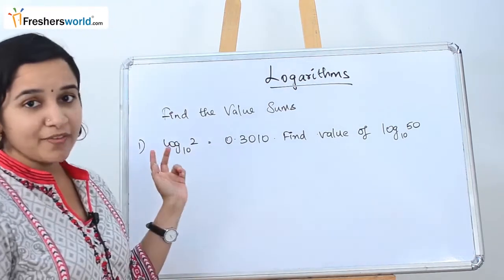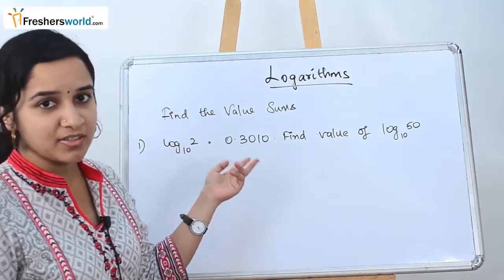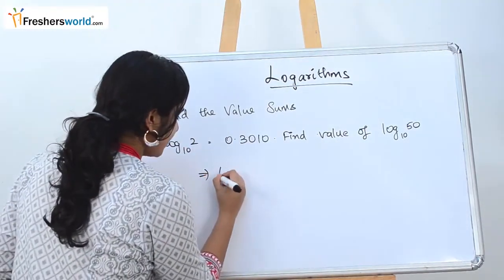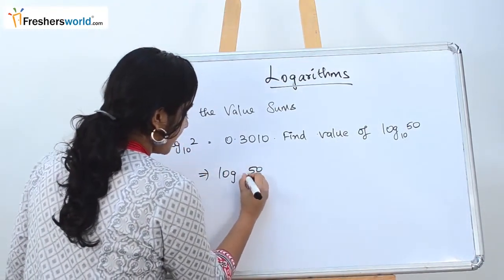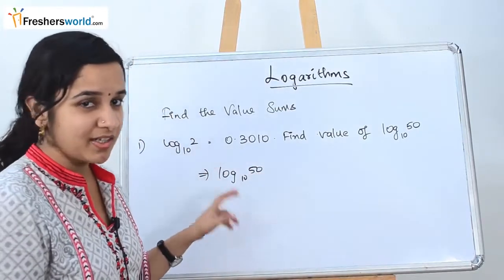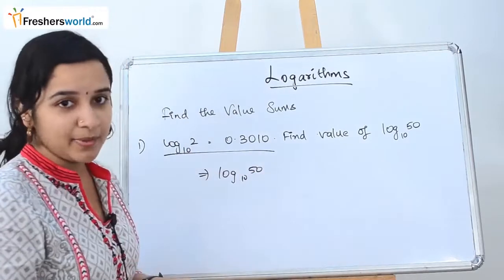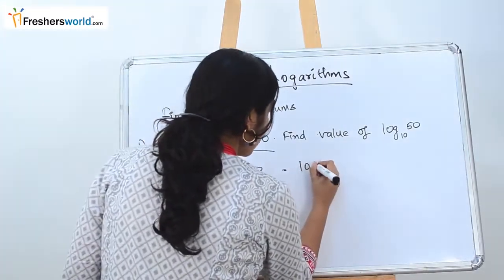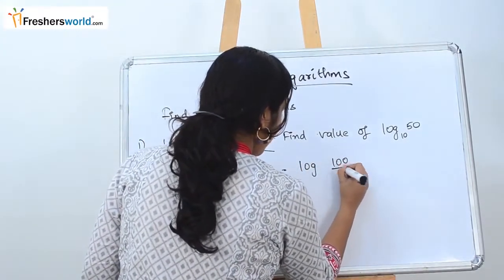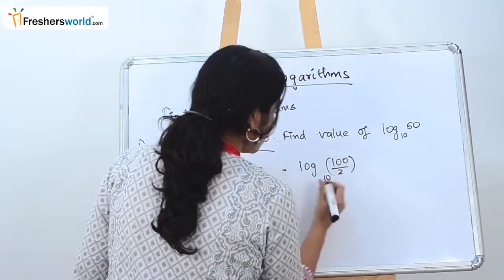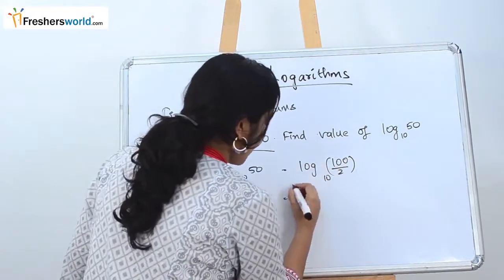They have given you the value of log 2, which is nothing but 0.3010. Okay, so let's write the question. Log 50 to the base 10. So this has to be rewritten in such a form that we can use this value. So how can 50 be rewritten? It can be written as log 100 by 2. So this division is nothing but a subtraction in log format.